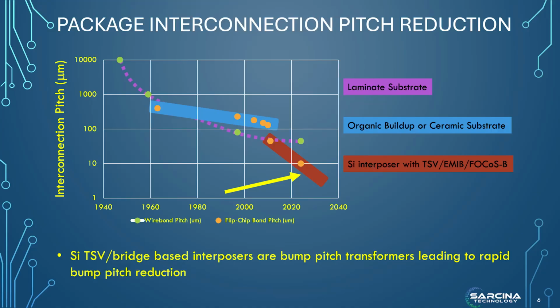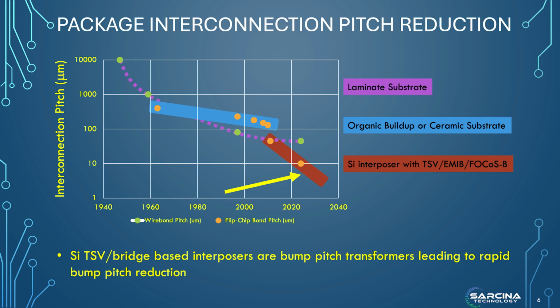If you look at this chart, it is very interesting. The packaging industry has enjoyed the top 2 curves. Over the times, we're using the wire-bond technology, the flip chip technology for organic build-up substrate, ceramic substrate. They enjoyed it for decades.